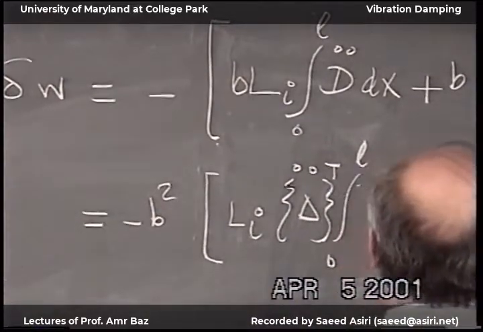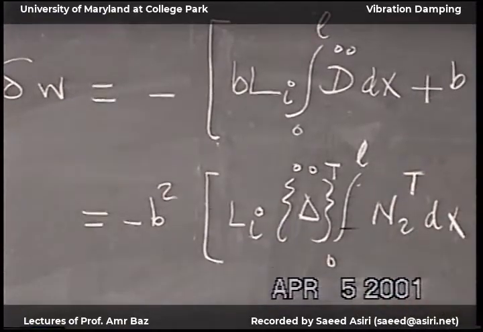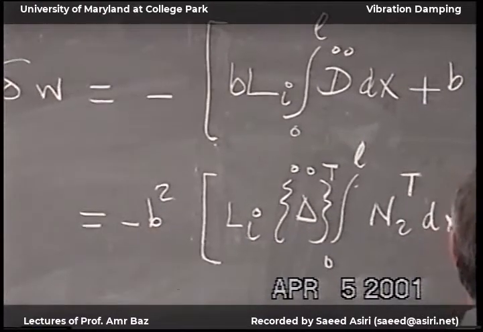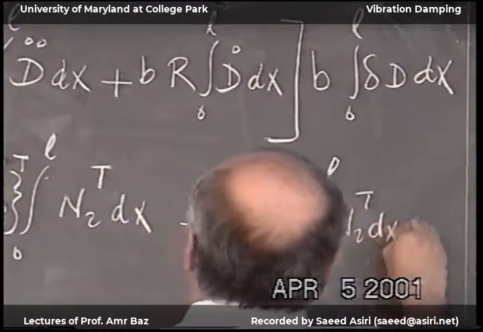And then this, I have R, and I replace the delta dot by delta dot transpose integral, and then N2 transpose dx.